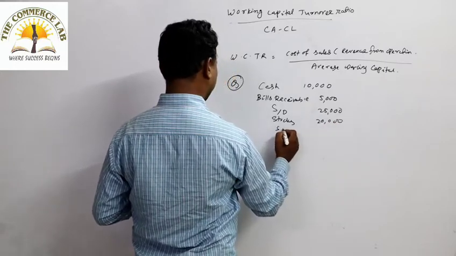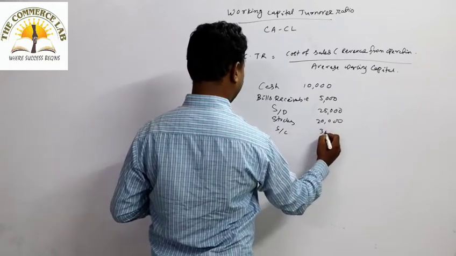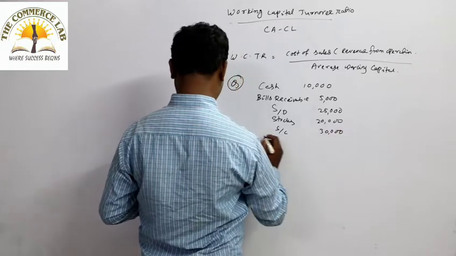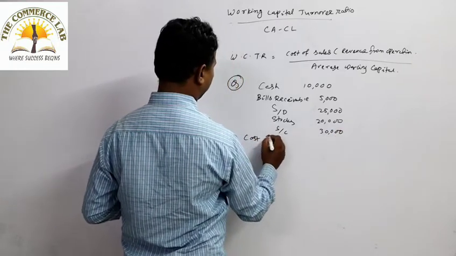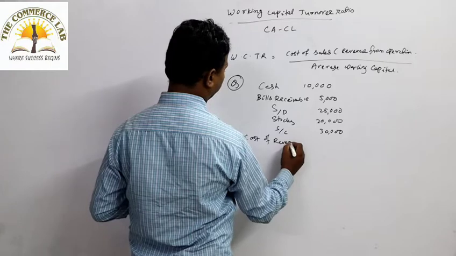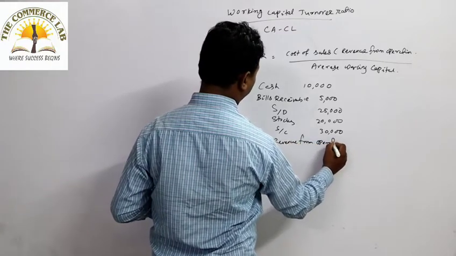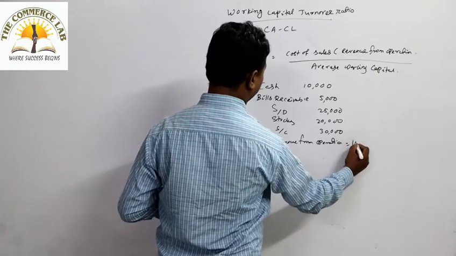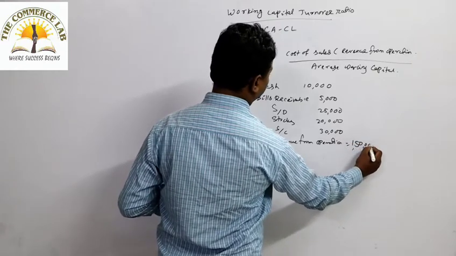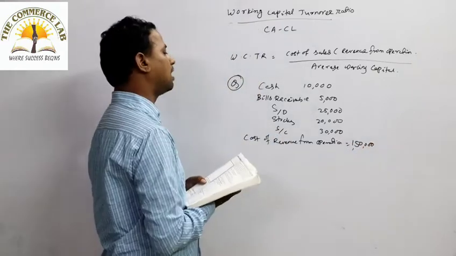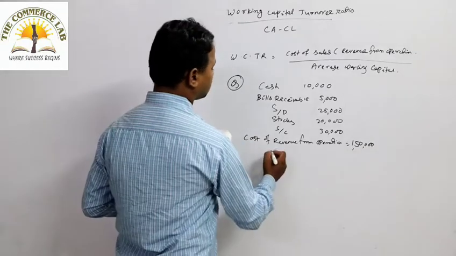Thereafter sundry creditors given is 30,000. Then cost of revenue from operation is given as 1 lakh, and revenue from operation is 1,50,000. So what is asked?